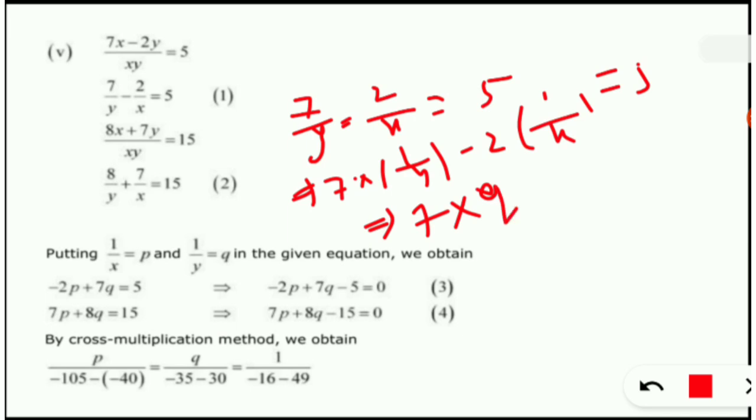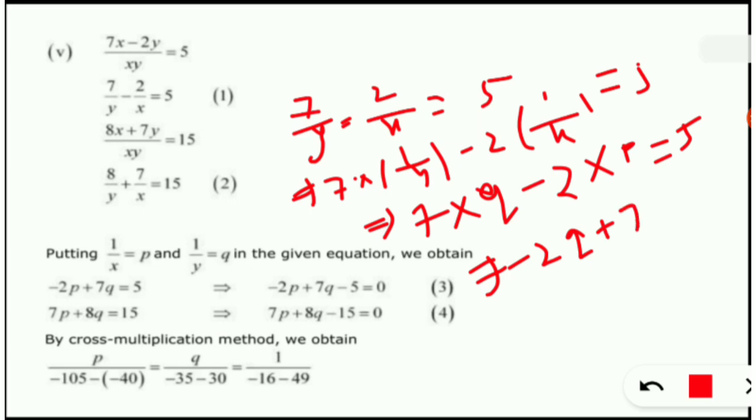So this is minus 2p plus 7q equals 5. Clear? So after that, this implies minus 2p plus 7q minus 5 equals 0. This is equation 3.